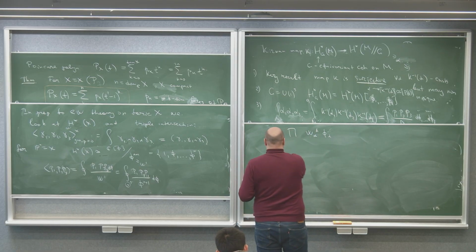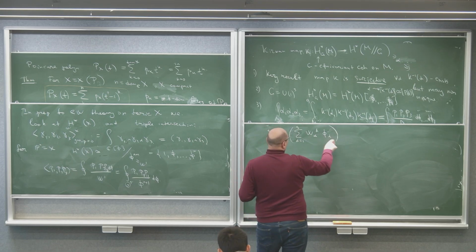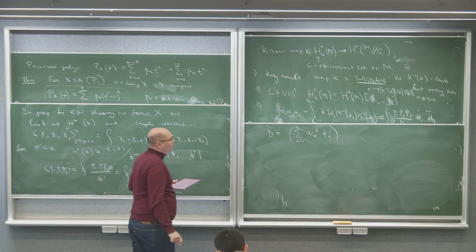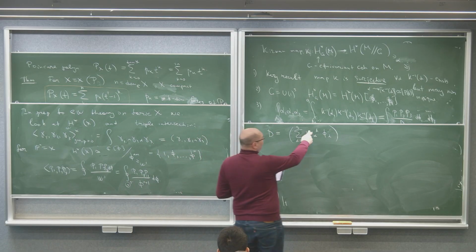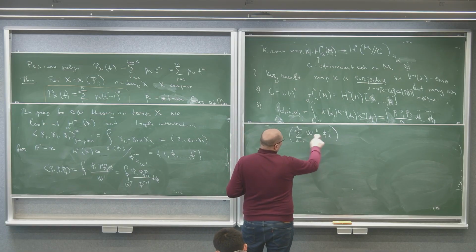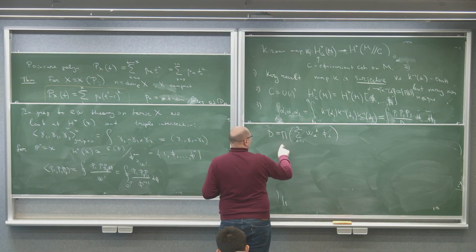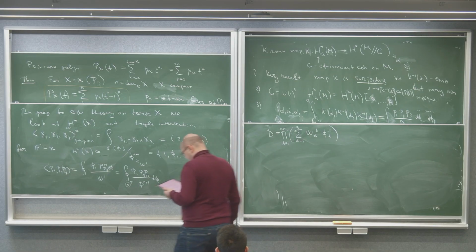So alpha runs from 1 to f. So for each coordinate, we construct this linear combination of weights multiplied by the corresponding equivariant parameter, and then we take a product over all coordinates from 1 to n.